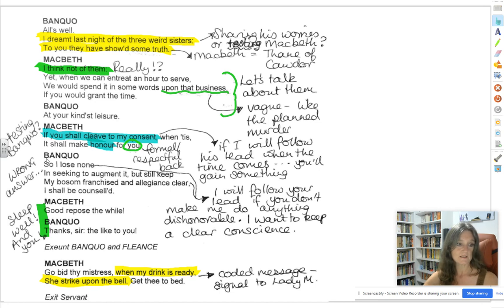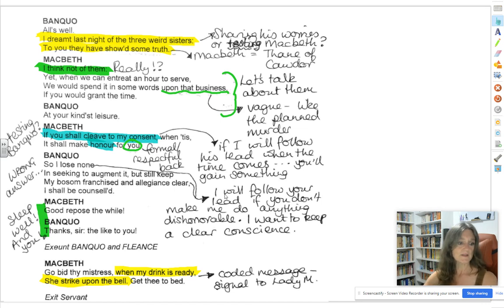Well, it's because he doesn't want Banquo to look dishonourable, because, as you should all know, Banquo is a distant ancestor of King James I of Scotland and England. So he wants Banquo to be really, really honourable. That's the way that he flatters King James.